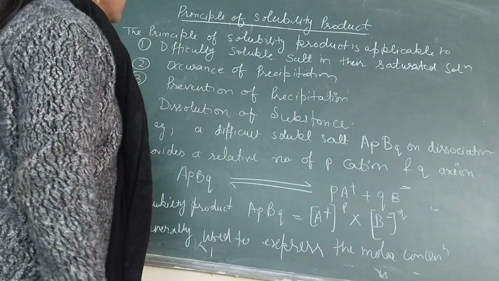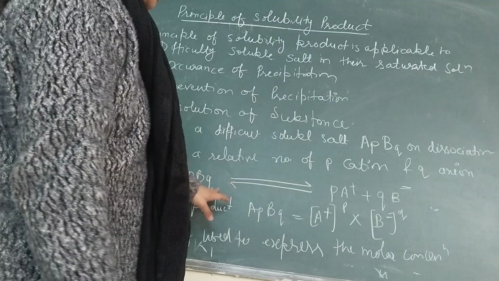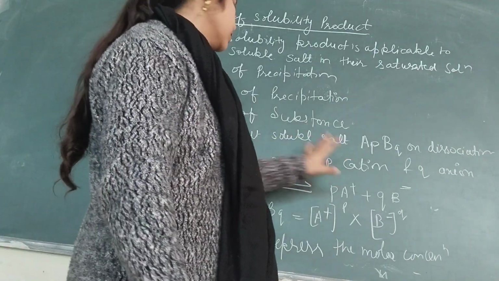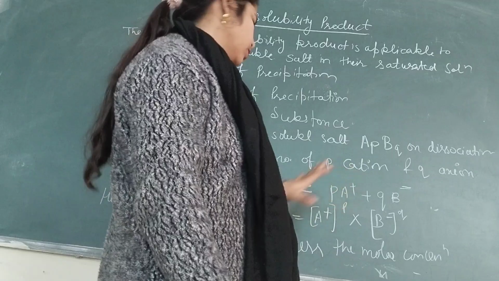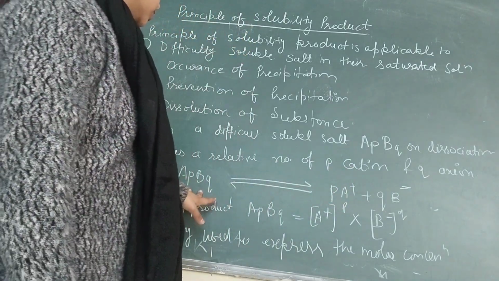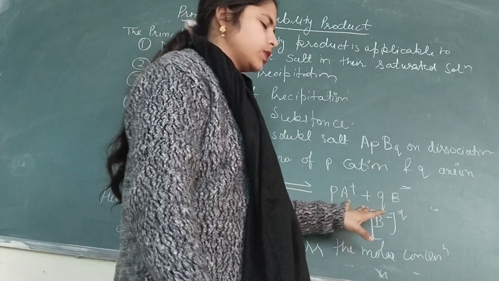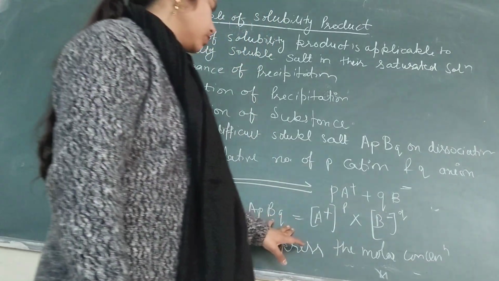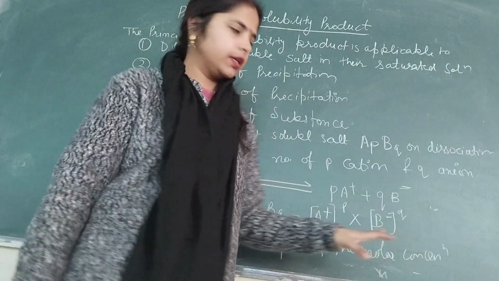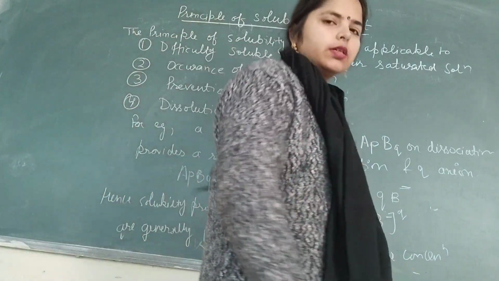So there are the four solubility principles, and the example is a sparingly soluble salt that dissociates, providing a relative number of x cations and y anions, shown by the equilibrium AxBy to xA positive and yB negative. Solubility product is equal to [A positive]^x times [B negative]^y, and the brackets are generally used to express the molar concentration.